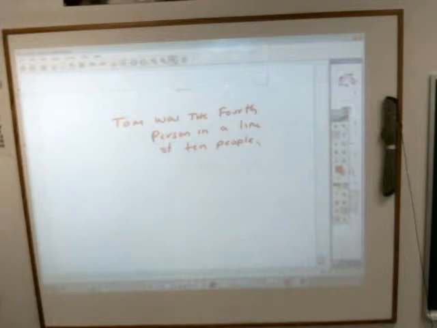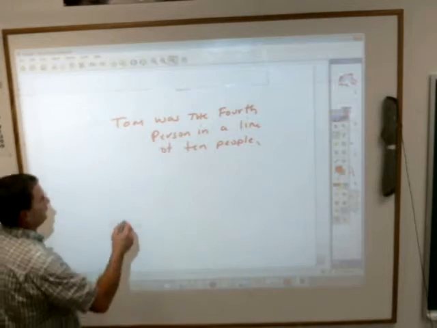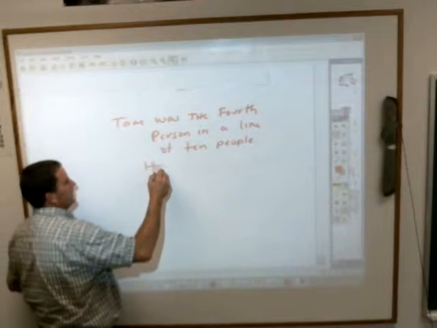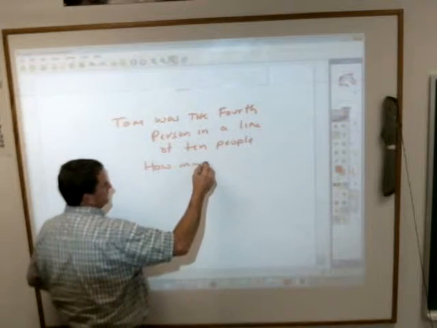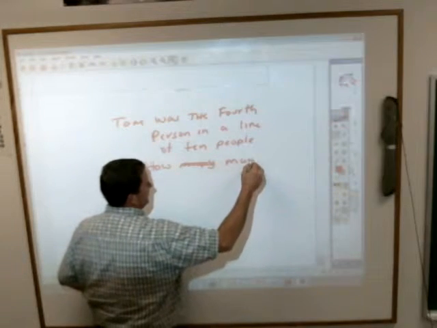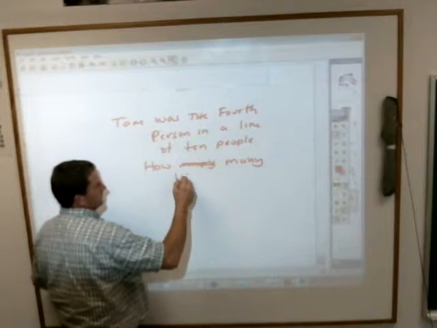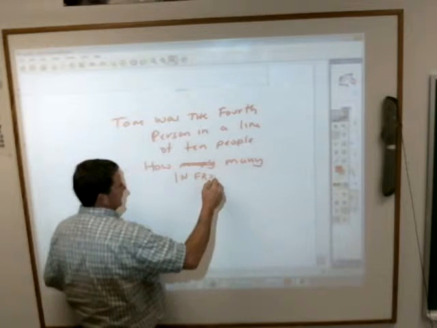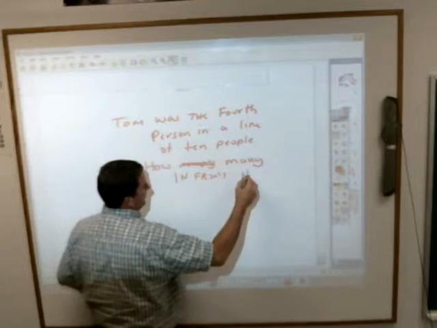I don't know what Tom's waiting for. He's probably going to a movie. How many people are in front of him and how many people are behind?